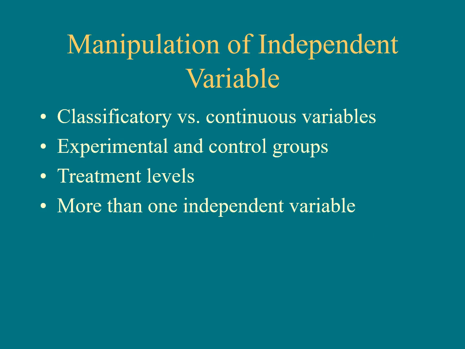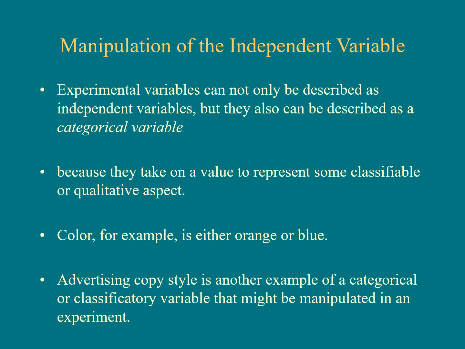Manipulation of independent variables. Manipulation of independent variables can be described with the help of classificatory versus continuous variables, experimental and control groups, treatment levels, more than one independent variable. I will explain one by one all these manipulations.